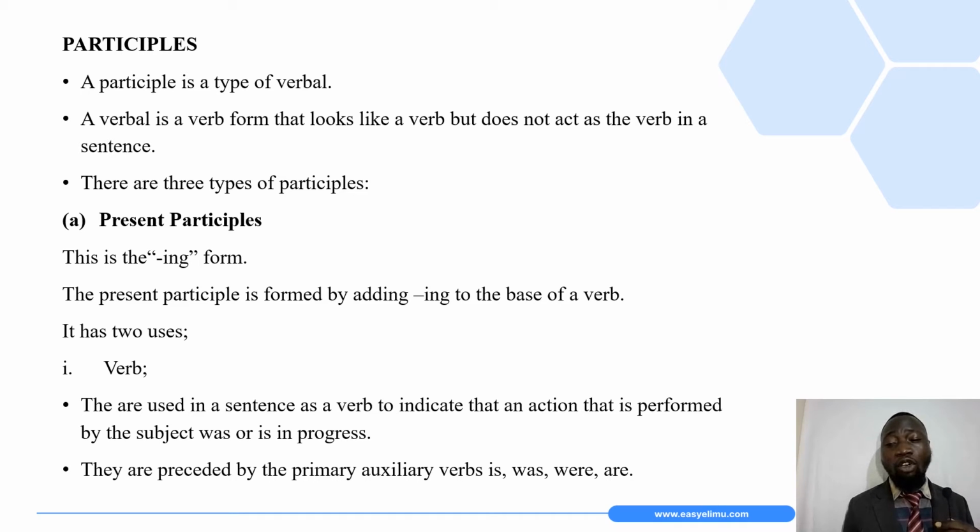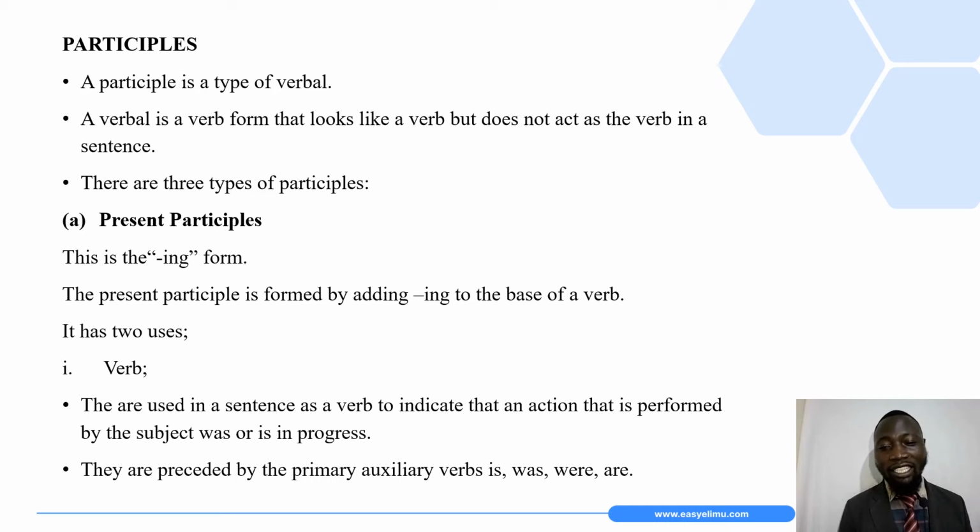So remember, we have got four forms of the primary auxiliary verbs. So there is the primary auxiliary verb that is in the form to have, and that is where we have verbs like has, have, and had in the past.